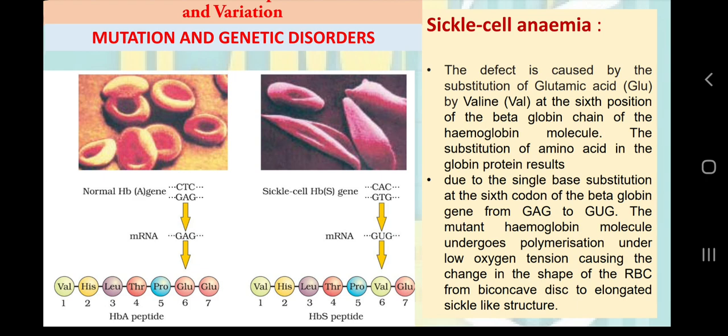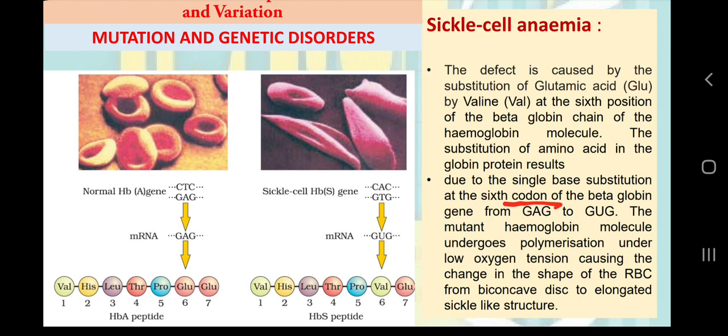Now, the substitution, meaning the changing of an amino acid in the globin protein, results from a single base substitution at the 6th codon. What is a codon? We will learn more about codons, but for now you can understand that the codon is a genetic language from DNA to RNA to protein, and that complete language is called the genetic code, and the letters of that language, which are made up of 3 nucleotides, are called codons.